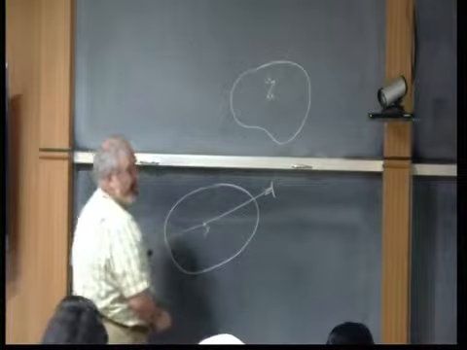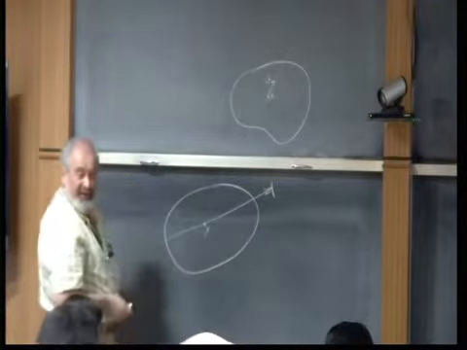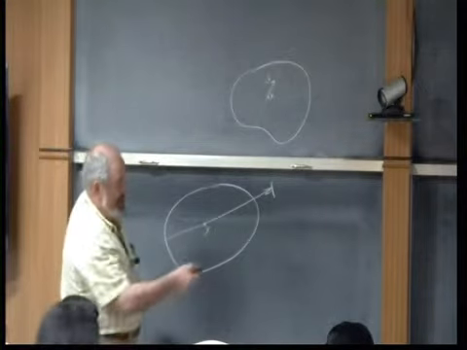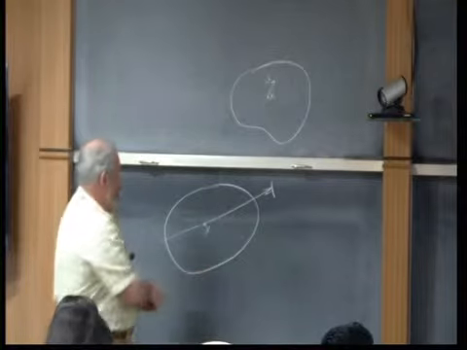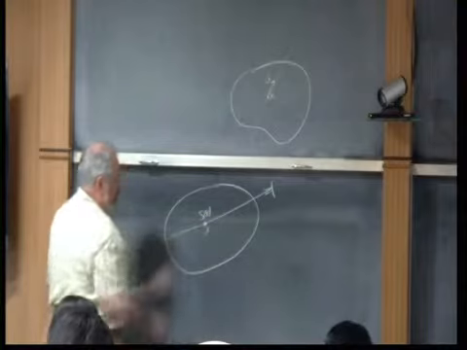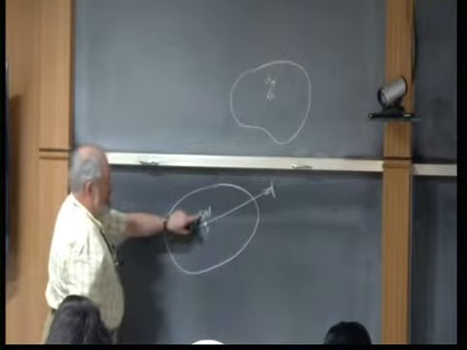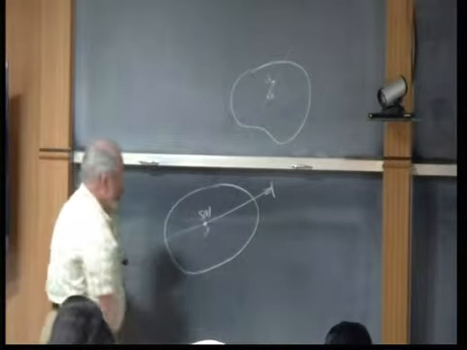I changed notations on the fly. That's what we do when you cut and paste from different things. It should be s of x. So this is the intensity of the source. This source produces uniformly in all directions s of x particles per unit of time.